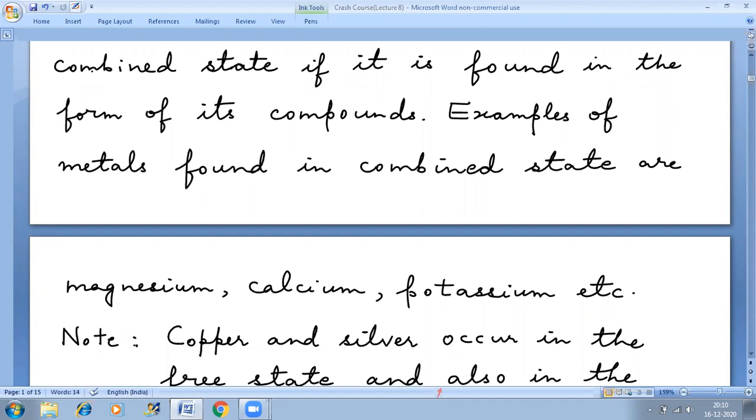Magnesium may also form a compound like magnesium carbonate. So now I cannot call it a native state. I'll call it is in the combined state because it is magnesium carbonate and not only magnesium. It is a compound of magnesium. Magnesium carbonate is a compound of magnesium. Likewise, calcium carbonate is a compound of calcium. Likewise, potassium chloride is a compound of potassium, and so on.